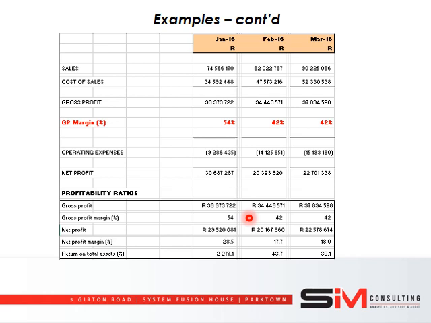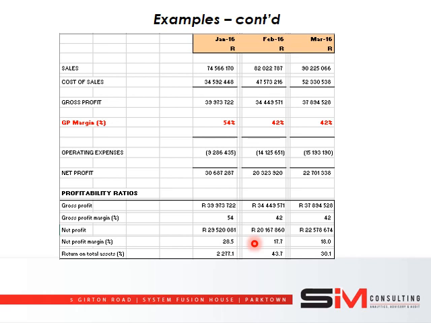Again, because it's a negative, it's not good performance. The same with net profit. Your net profit for February is 20,167,860. For January it is 29,520,081. Again, you can see a decline between the two, and the decline is negative.